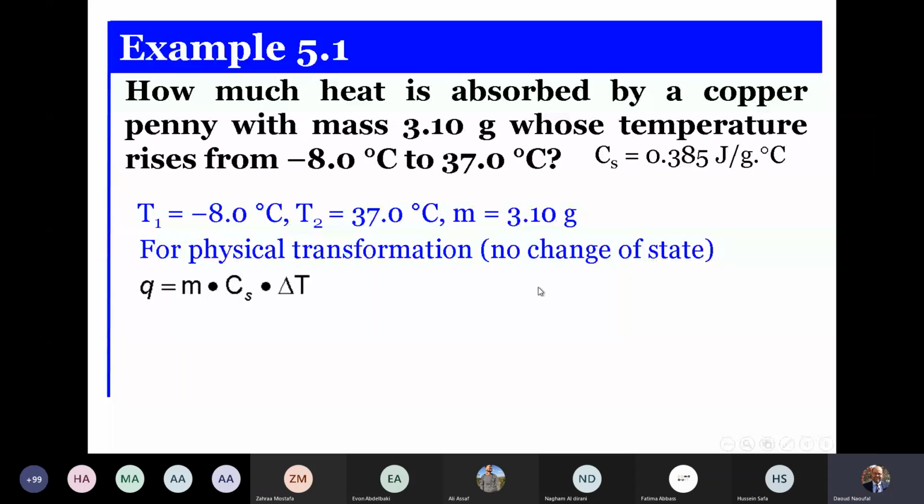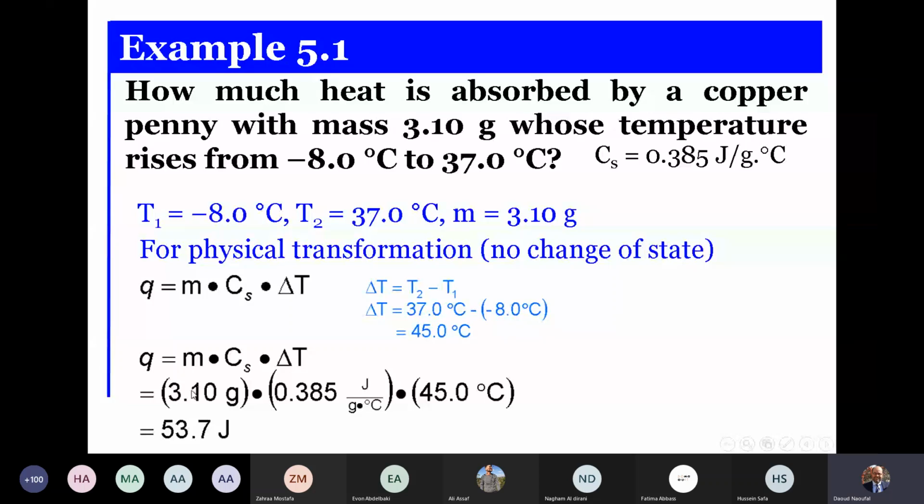So dQ equals m Cs dT implies the integration of dQ from initial state 1 to final state 2 equals the integration from 1 to 2 of m Cs dT. Since the mass is constant and Cs is temperature independent, we obtain Q equals m Cs delta T. And delta T equals T final minus T initial equals 37 minus -8, so delta T equals 45 degrees.